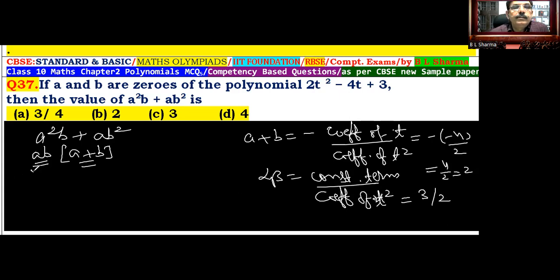Put the values: 3/2 and sum of zeros is 2.